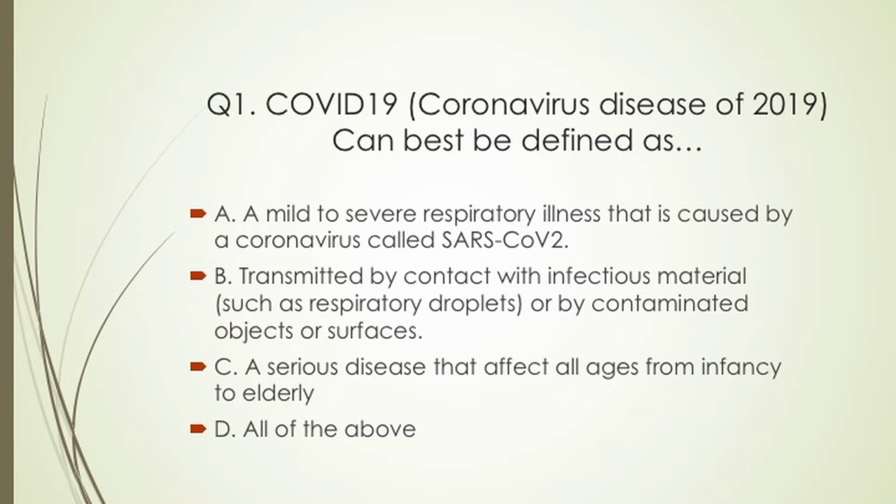COVID-19, which is coronavirus disease of 2019, can best be defined as A, a mild to severe respiratory illness that is caused by a coronavirus called SARS-CoV-2, and SARS stands for, I'll come back to that; B, transmitted by contact with infectious materials such as respiratory droplets or by contaminated objects or surfaces; or C, a serious disease that affects all ages from infancy to elderly; or D, all of the above.